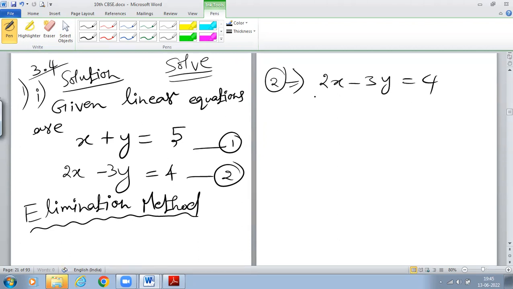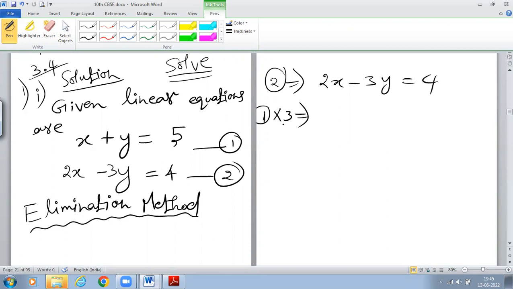But in equation number 1, the numerical coefficient of y is 1. In order to make it 3, I'm going to multiply equation number 1 by 3. Since equation number 1 has the numerical coefficient 1, if I multiply it by 3, the coefficient of y becomes 3.